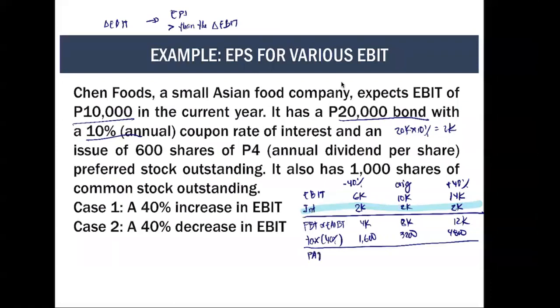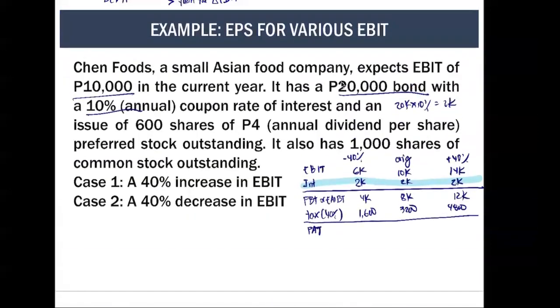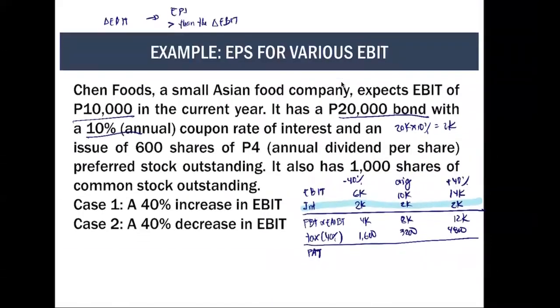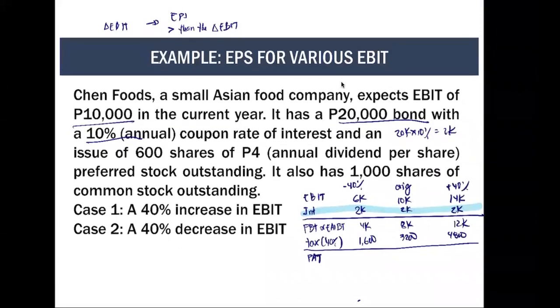So profit after tax. 4,000 less 1,600 is 2,400. 8,000 less 3,200, we have 4,800. And then 12,000 less 4,800, we have 7,200.